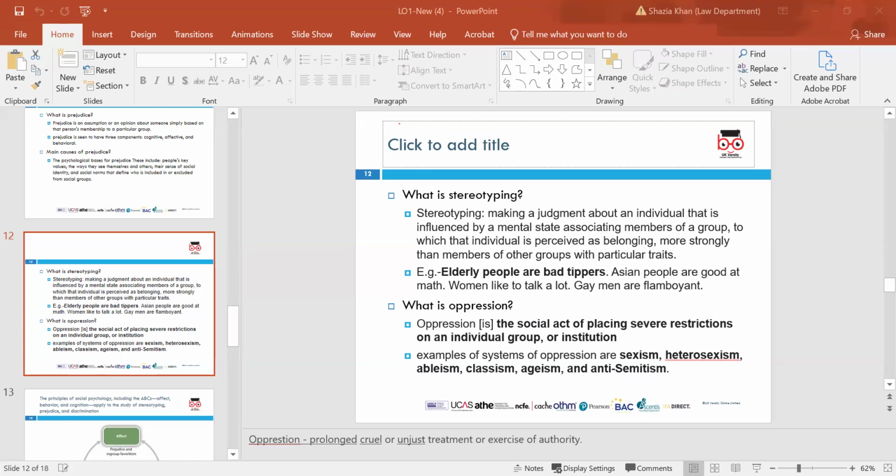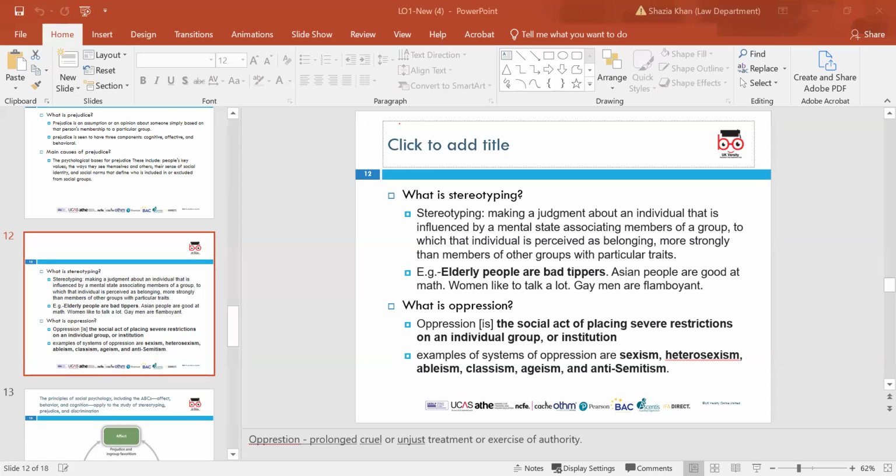And oppression is the social act of placing severe restrictions on an individual, a group of people, or an institution. So it's an element of imposing some sort of restriction on someone.